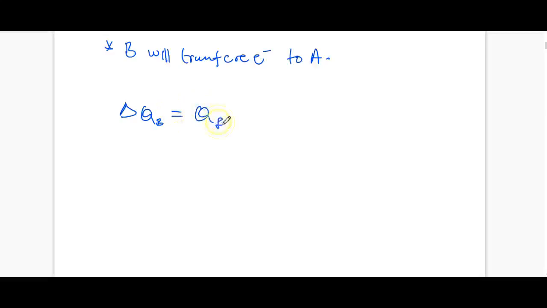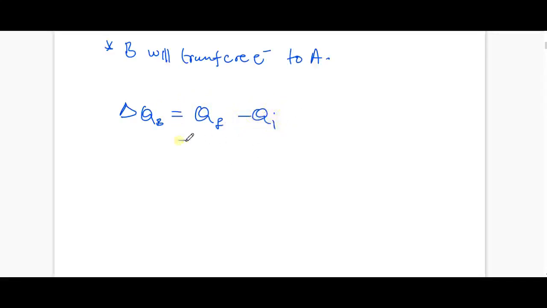So what I am going to do is check the initial charge and final charge of B. I'm going to say the change in charge of B is the final charge minus the initial charge.